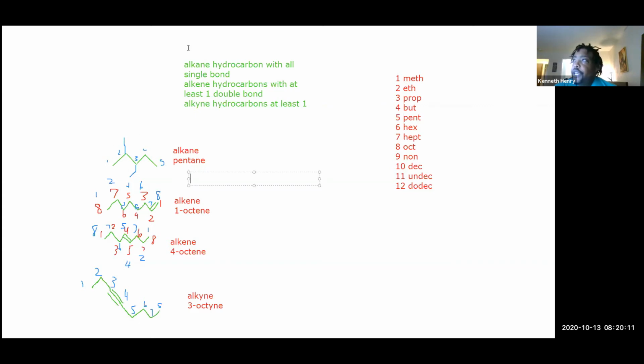on this side of the chain, we have a single carbon left, although it looks like it's kinked. Let me fix that. Okay, so it's just a single carbon. So one carbons begin with what?